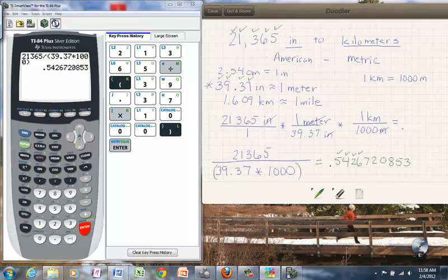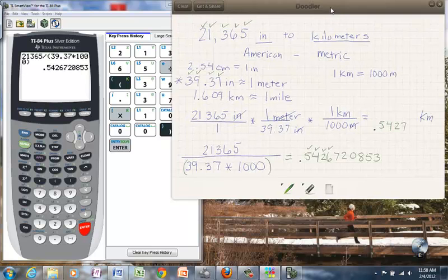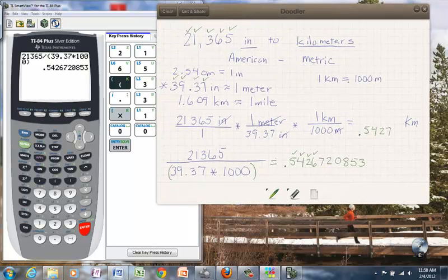So my final answer, I would like to round off to just 0.5427 kilometers. Well, that's kind of messy. Let's try that again.